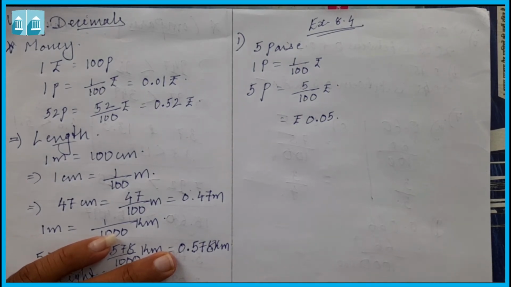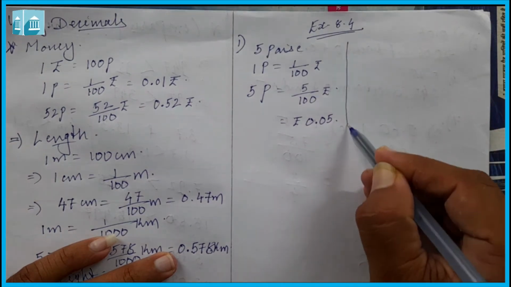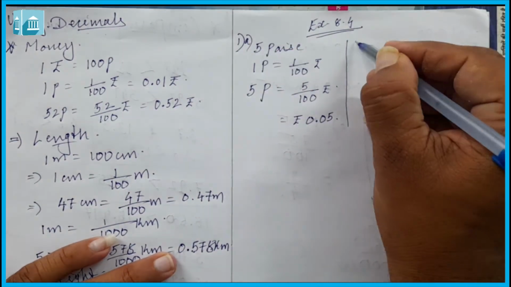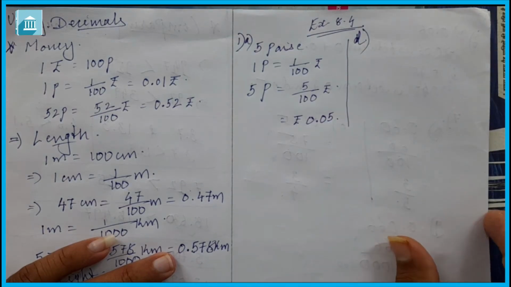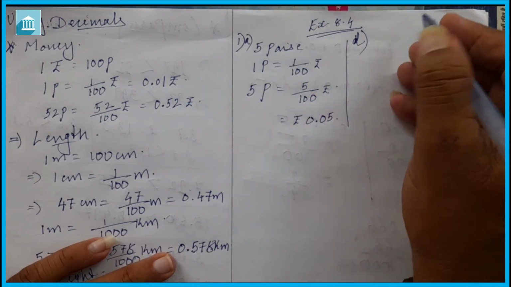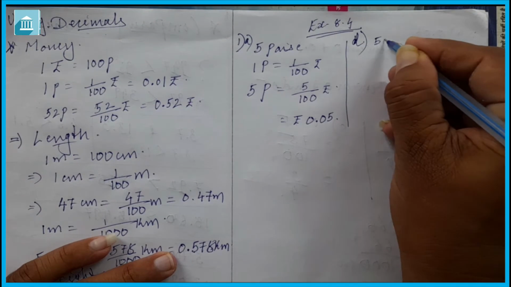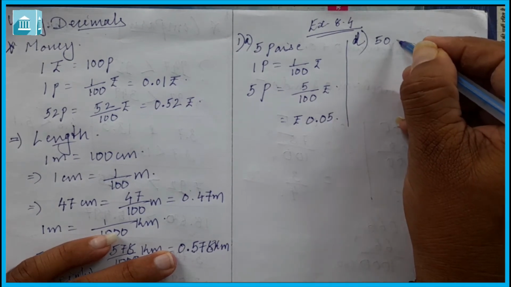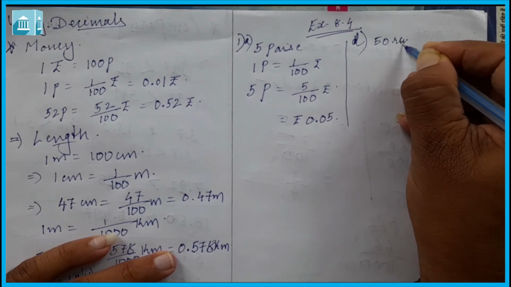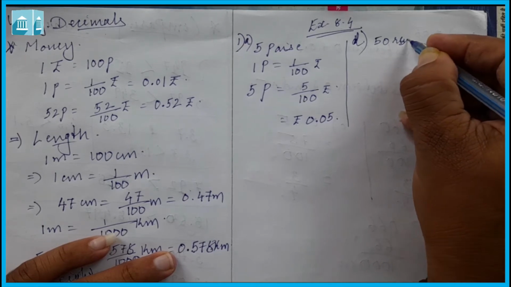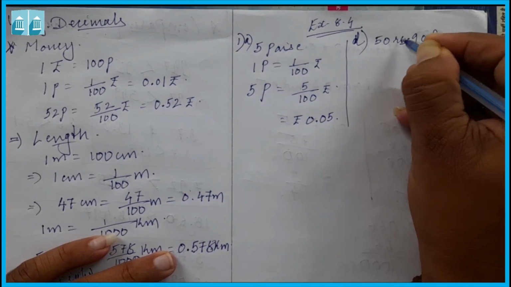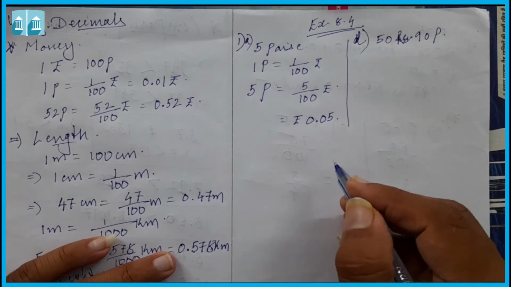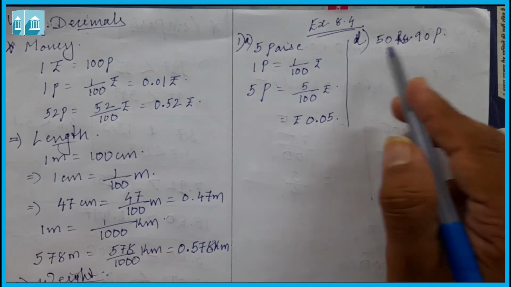This is our A1, now let us do D1. In D it is given 50 rupees 90 paise.